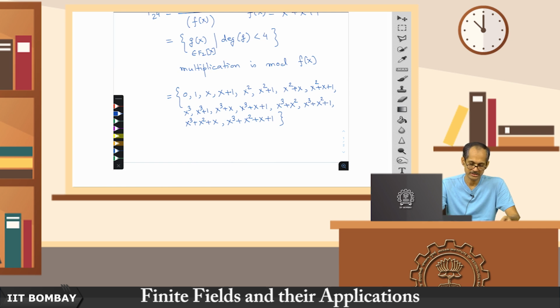So, we have a total of 16 elements, which are binary polynomials of degree less than 4.